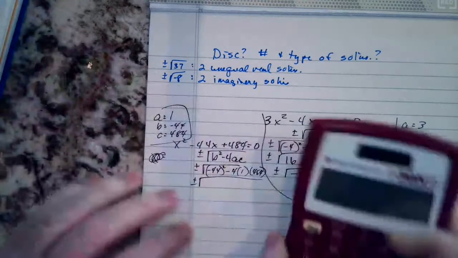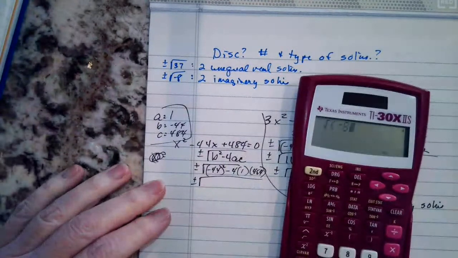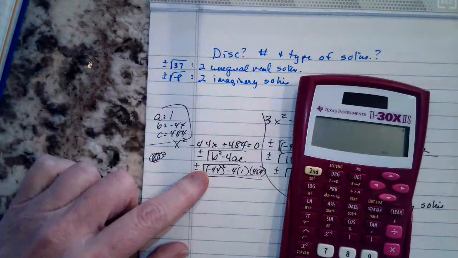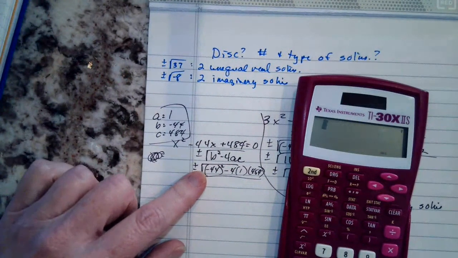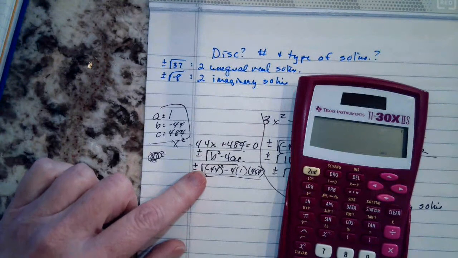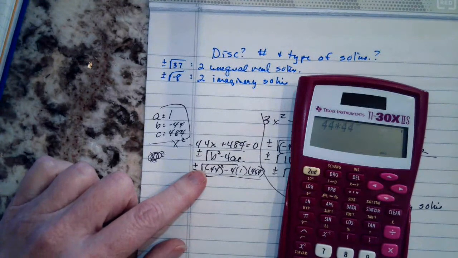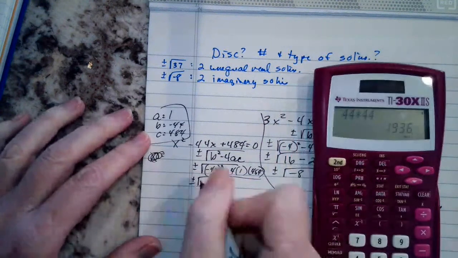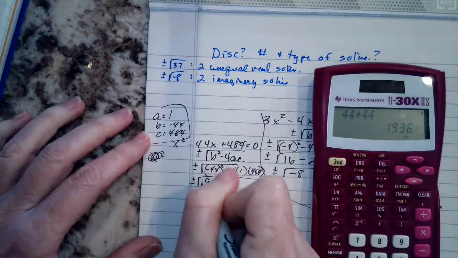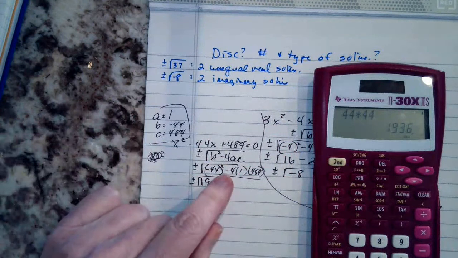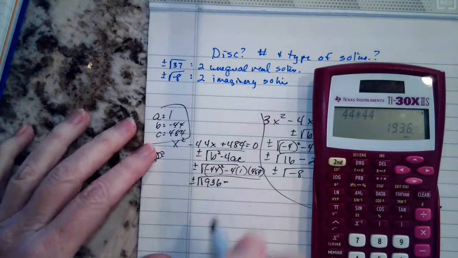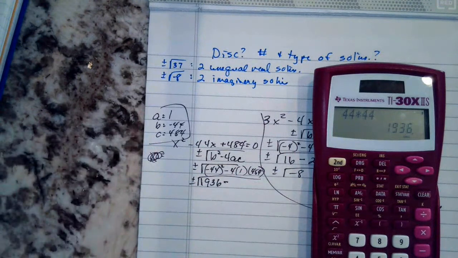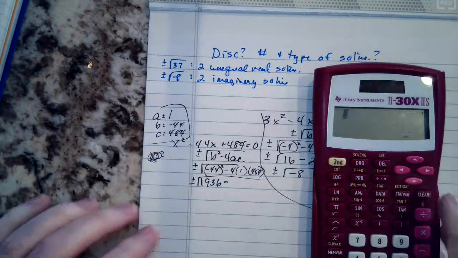Okay, let's use our calculators to square -44. Because you know a negative squared is going to give you a positive number, you don't need to put in a negative there if you don't want to. You can just do 44 times 44. That's 44 squared, 1936 there. And then I've got a negative times a positive times a positive, so that'll be a negative in the joining of them.